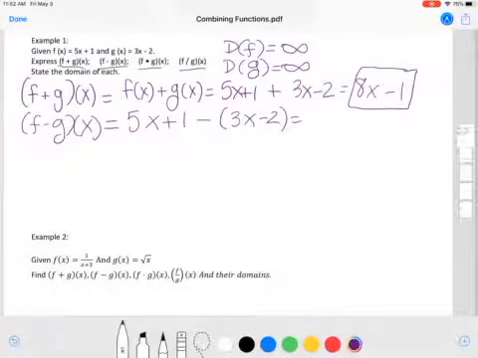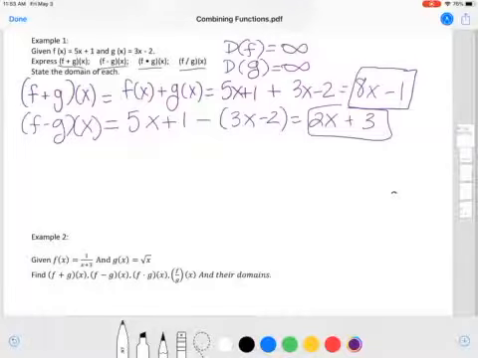So you have to remember to distribute your minus sign. So that's going to be 5x minus 3x, which is 2x. And then 1 minus a negative 2 gives me a 1 plus 2, which is a 3. So this is my function f minus g.